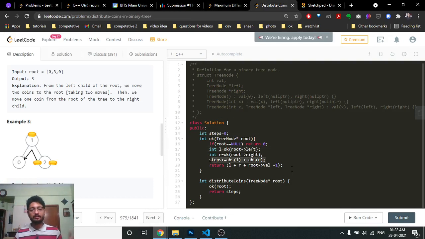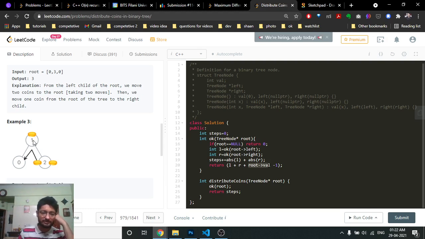And actually what is returned is how many excess or deficient coins there are. So the left and the right side will give me how many excess or deficient coins there are for the current node, and the current root value also has to be taken into account, because the information you send above will also take into account the current node.